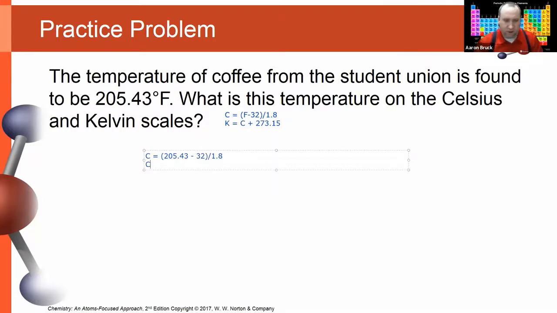So following the math here, we have 205.43 minus 32, and 205.43 minus 32 would be 173.43. We're going to take that and divide it by 1.8.